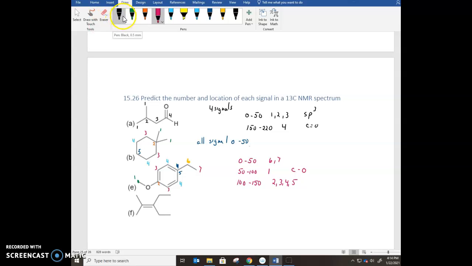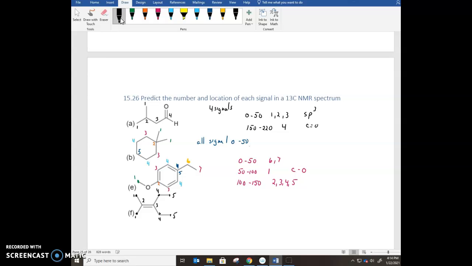Okay, so let's look at F. These are the same. The carbons here and here are going to be the same. And then we'll have 2, 3. These 2 carbons will be the same. 4 and 4 we'll call them, and 5 and 5 will be the same.